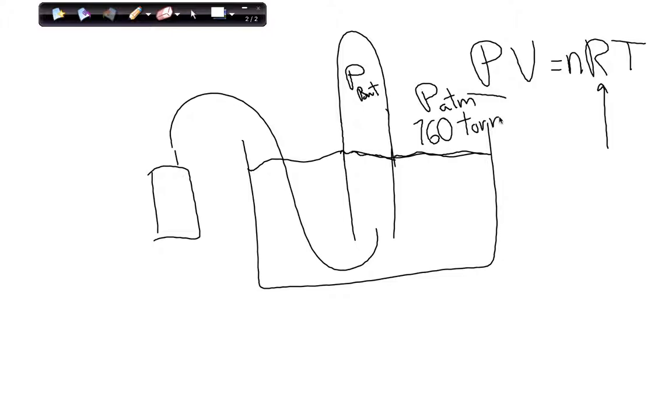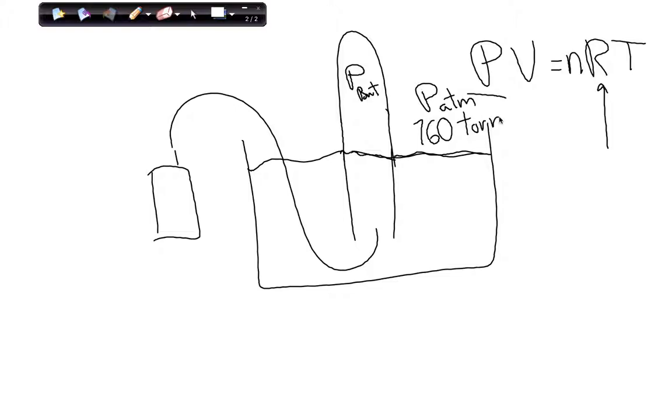What is the pressure of the butane? It is not 760 torr. Even though the water levels are the same, it is not 760. Why not? Why is the pressure of the butane not 760?